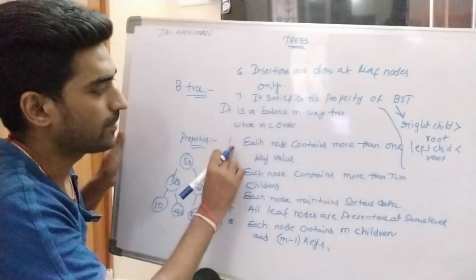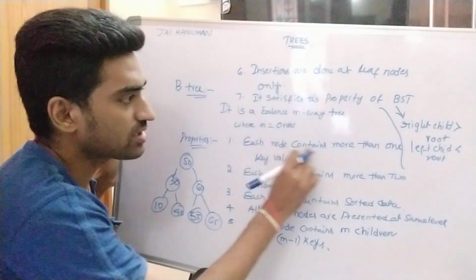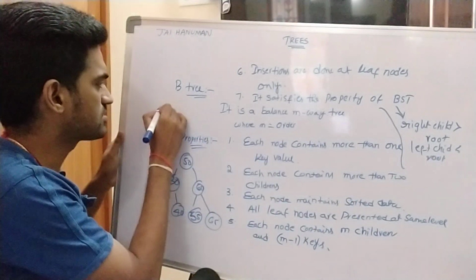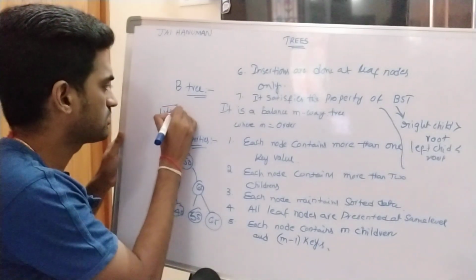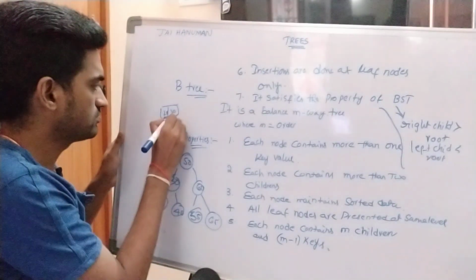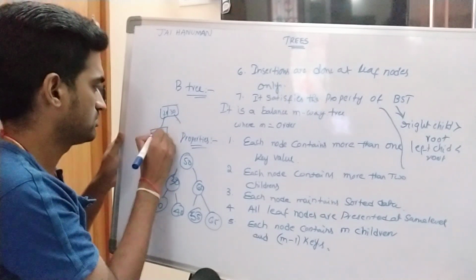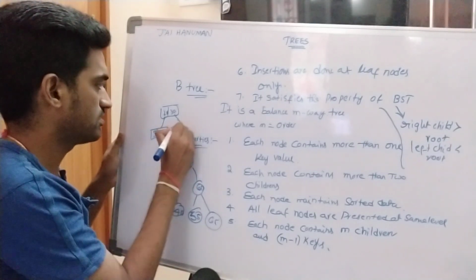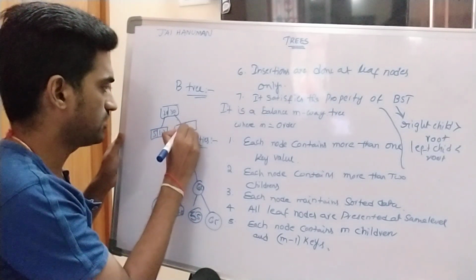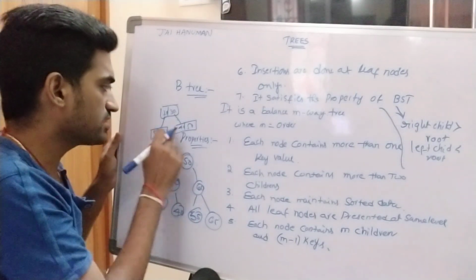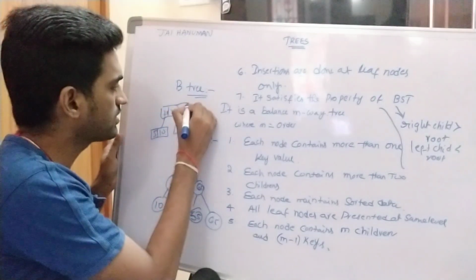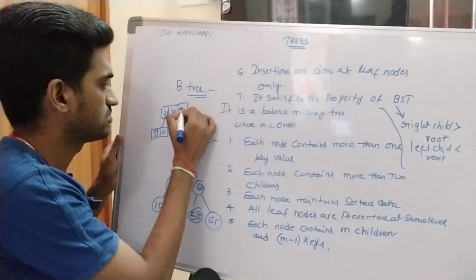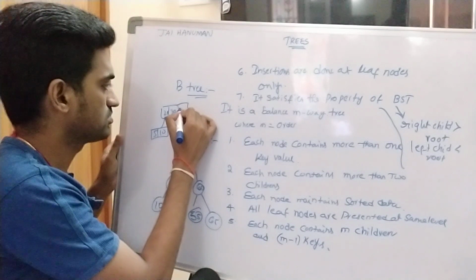Coming to B trees, each node contains more than one key value. It maintains more than one key value, like this: suppose 20, 30, and here 5, 10, 40, 50, and here we write 35.